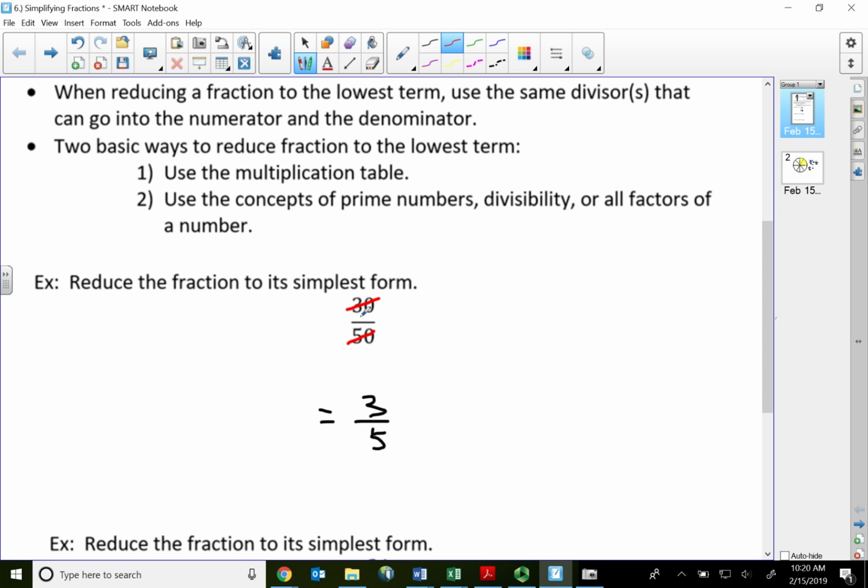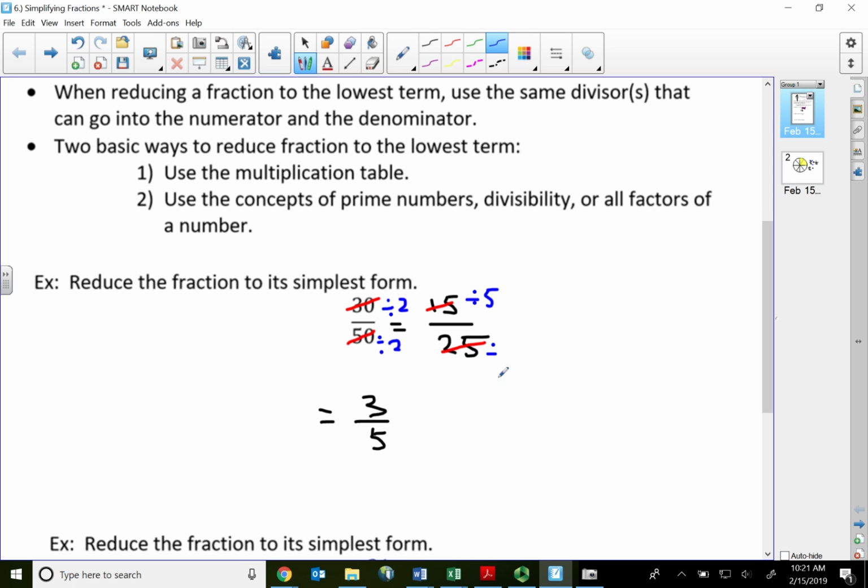So if I reduce by 2, then 30 divided by 2 will give me 15, and 50 divided by 2 will give me 25. You know what? I will write it. Remember, the number I use to reduce my fraction with has to be the same number for the top and the bottom. So now 15 and 25, I can reduce them by 5.